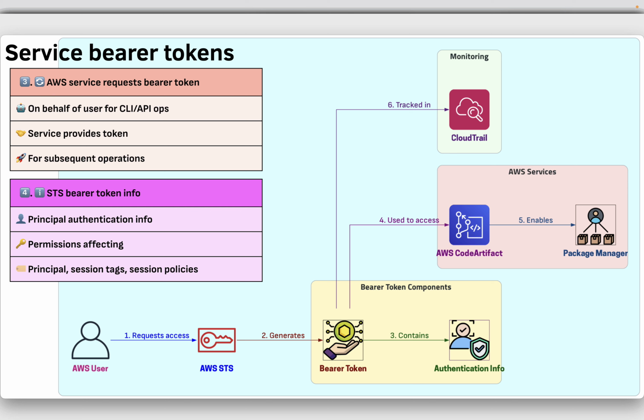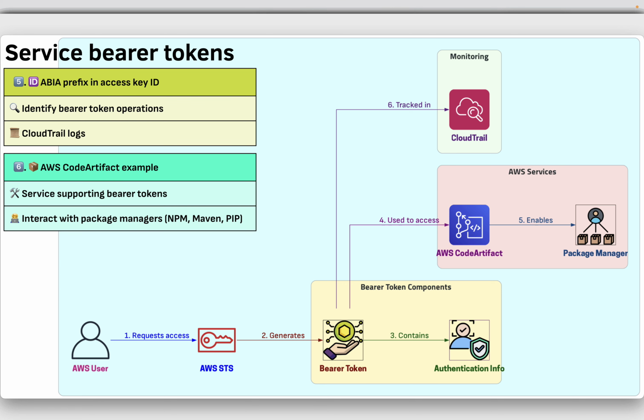AWS service bearer tokens encapsulate details from the original principal authentication, potentially influencing permissions and encompassing principal tags, session tags, and session policies. Bearer tokens are identifiable in CloudTrail logs through their access key IDs, which begin with the ABIA prefix, aiding in tracking operations performed using these tokens.